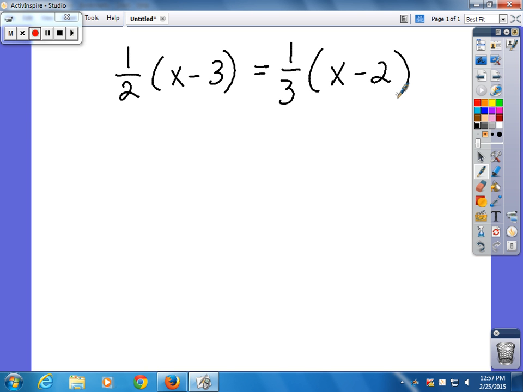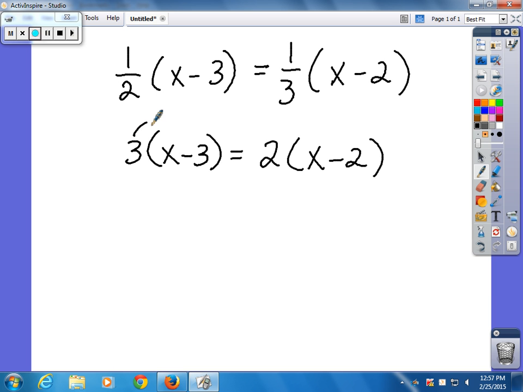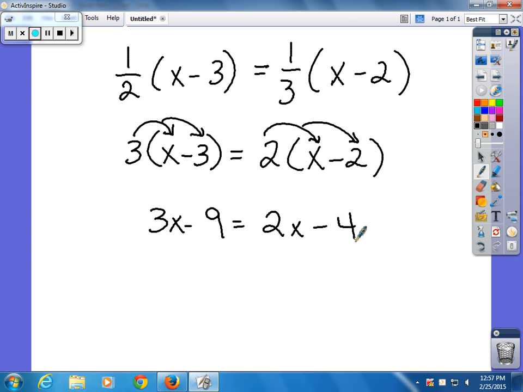So if we take and multiply through by 6, that's going to give us 3 and 2, and then we distribute the 3 and the 2, and we get 3x minus 9 is equal to 2x minus 4. And the 2 comes over, that leaves us with x. The 9 goes over, that leaves us with 5. So x is equal to 5.